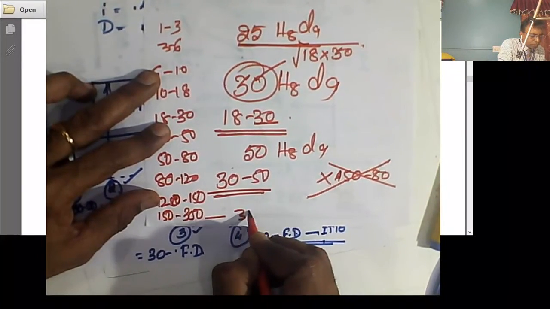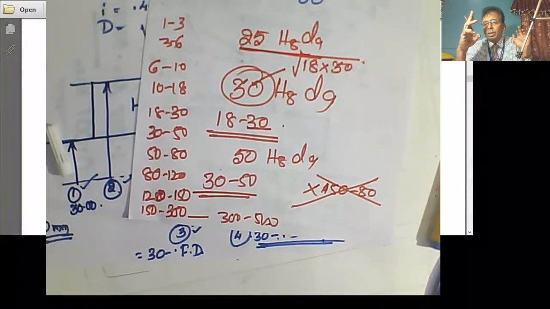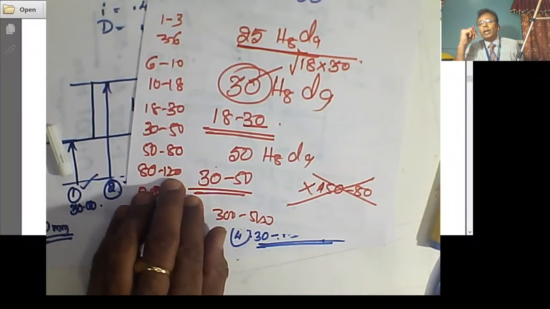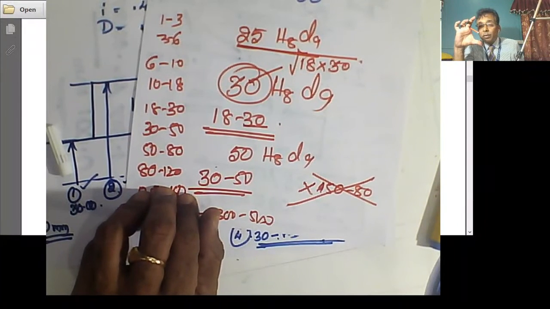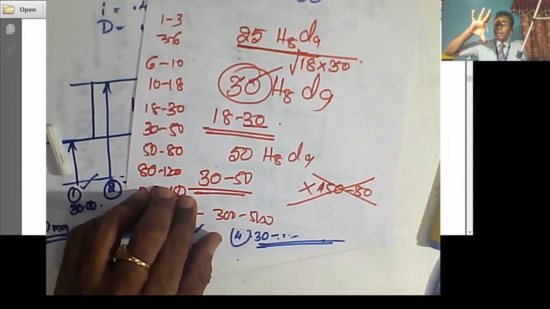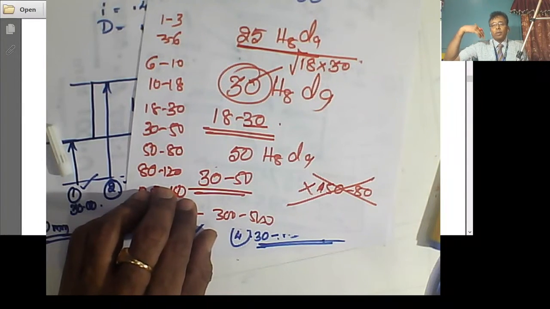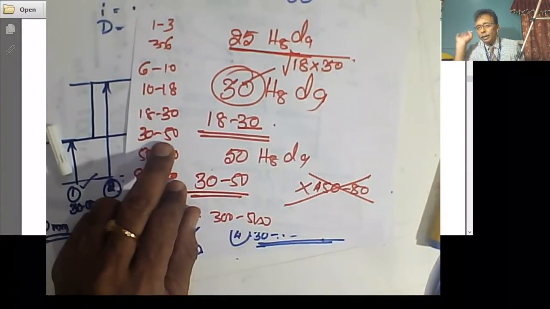Next is, I think, 300 to 500. I am not very sure, but more or less, if my memory serves, these are the diametral steps. In most of our engineering calculations, we reach only up to say 50 to 80 mm. We don't go beyond. 80 mm is the diameter of the shaft. Unless you have specific applications which require a diameter more than 80 or 100 mm, we don't go to the next steps. Most of our values lie somewhere around 18 to 30 mm, 30 to 50, not more than that.